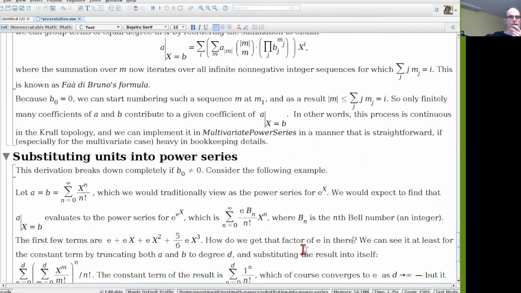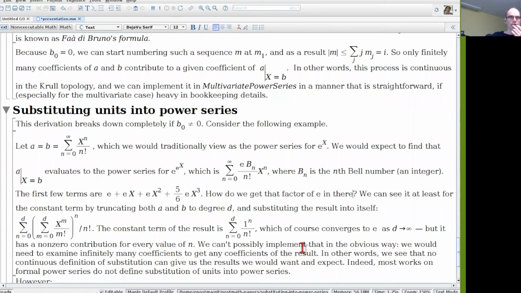So again, if we take a minute to see what that constant term should be by truncating both a and b to degree d and substituting the result into itself, then it's pretty clear that the constant term basically looks like the sum of 1 over n factorial, which of course converges to e as d goes to infinity.